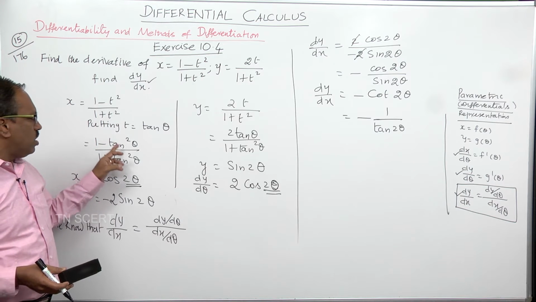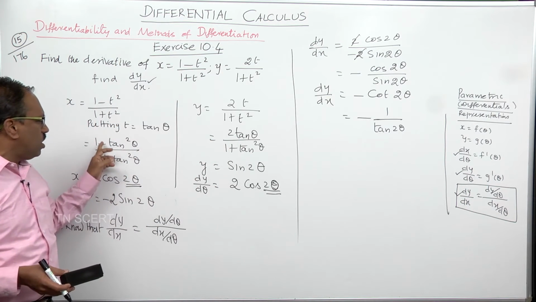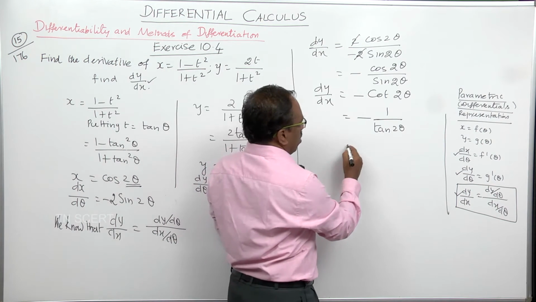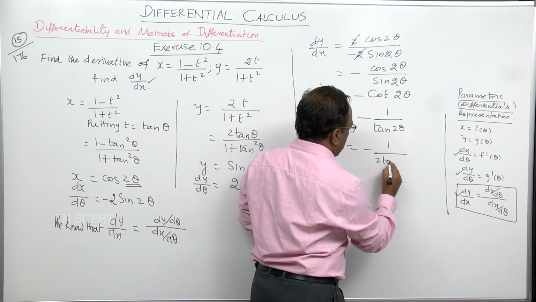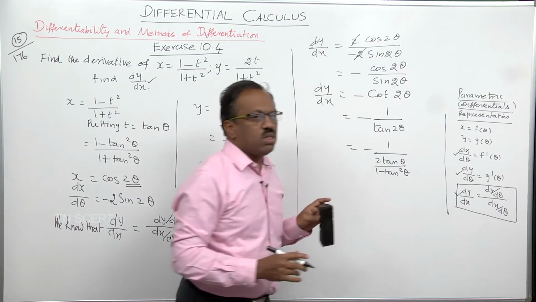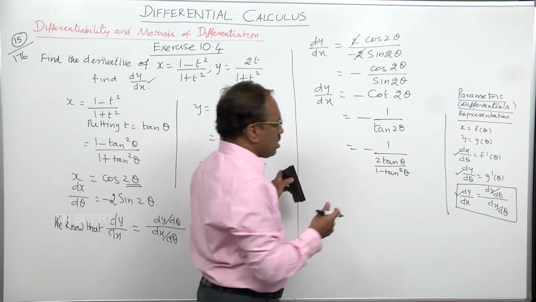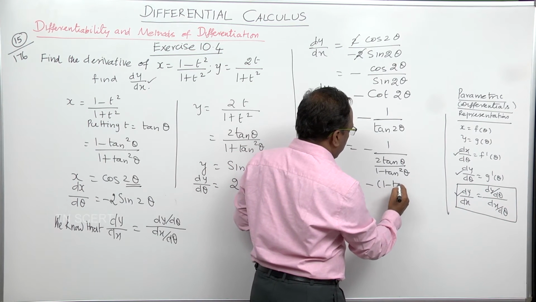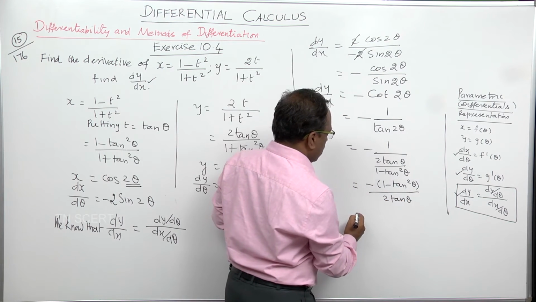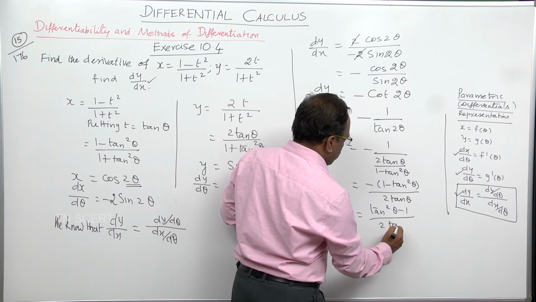Cos 2 theta is 1 minus tan square by 1 plus tan square. So 2 tan theta, this divided by this, you are getting tan. So that means minus 1 by 2 tan theta by 1 minus tan square theta. Remember that this is the formula for tan 2 theta we brought from here itself. And so the reciprocal, negative of 1 minus tan square theta by 2 tan theta, that is tan square theta minus 1 by 2 tan theta.